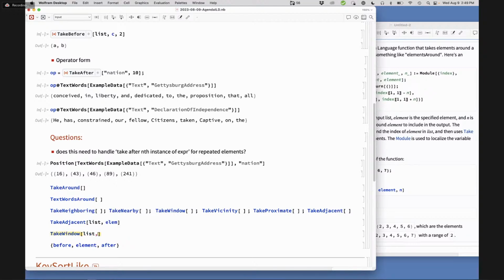Because if it was take window element, comma, K, then that's saying find a window that is K before the element, K after. That could also be a radius specification.